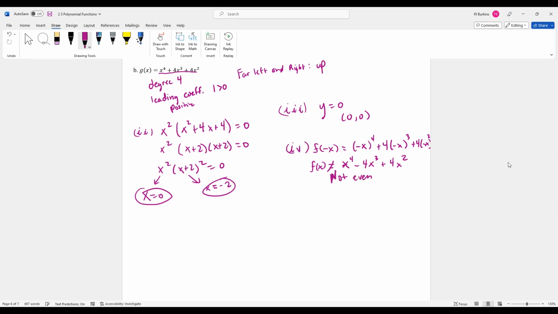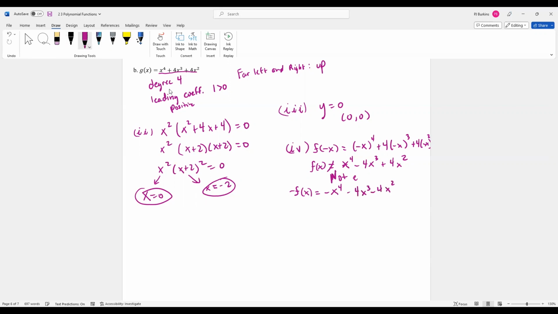If it's not even, it could be odd, so we try that. Now I need to find negative f of x. That's just taking the negative of the entire original function, so we take the negative of everything, which is what I was supposed to do. There we go.